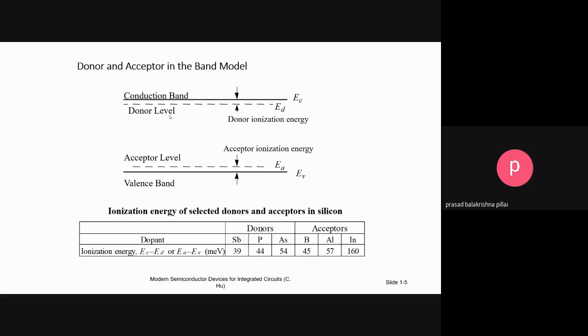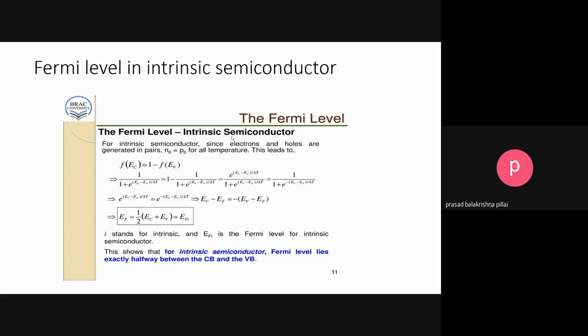So basically, the conduction band, intrinsic Fermi level, and the Fermi level corresponding to the dopant, that is n-type EFN and p-type EFP. So that is what the general band diagram will be having. So this is a proof that EI will be in the middle of the forbidden band. So EI will be shown like this.